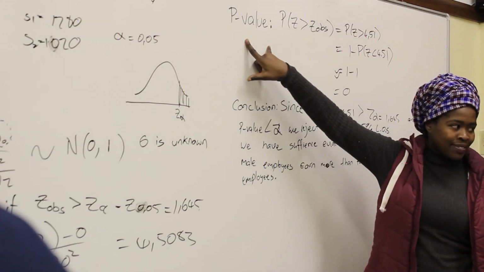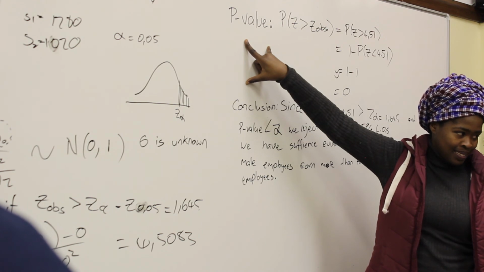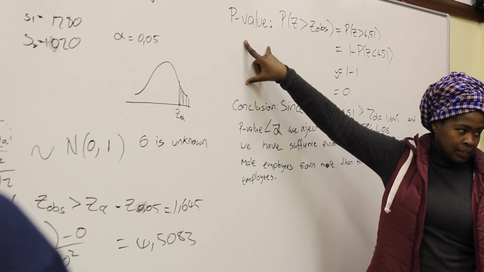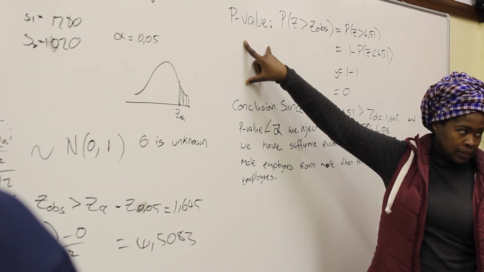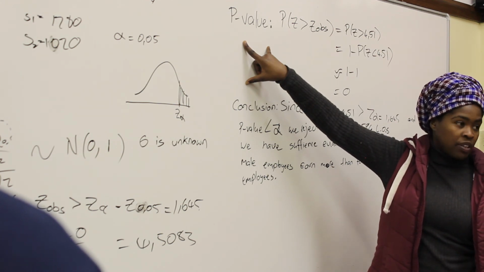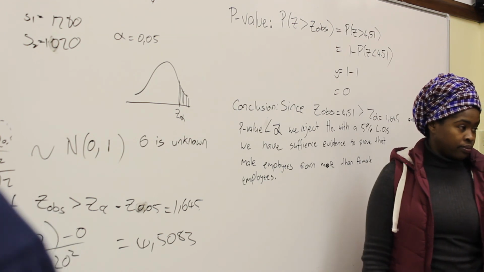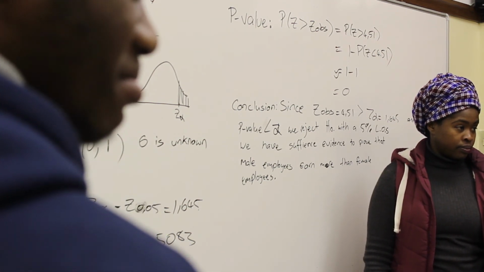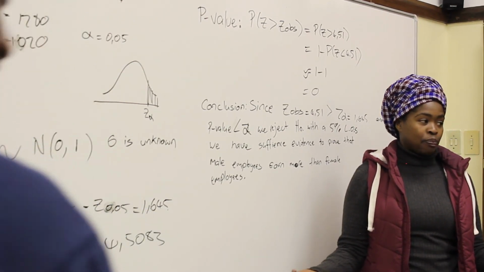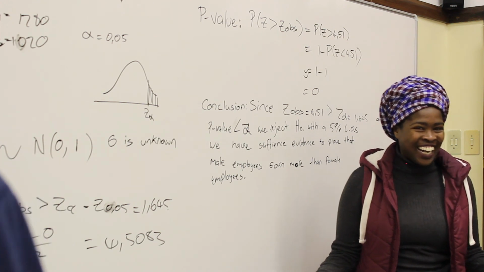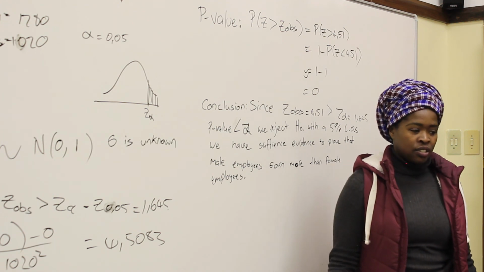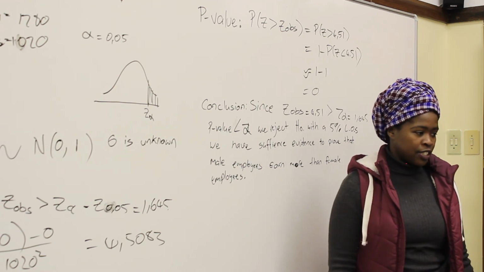Is there anyone who knows the definition of what a p-value is? The probability of doing what? What's a p-value? What's this thing we're calculating in step 5? It's a probability of what? Let's read the definition. What does the definition say in the module?